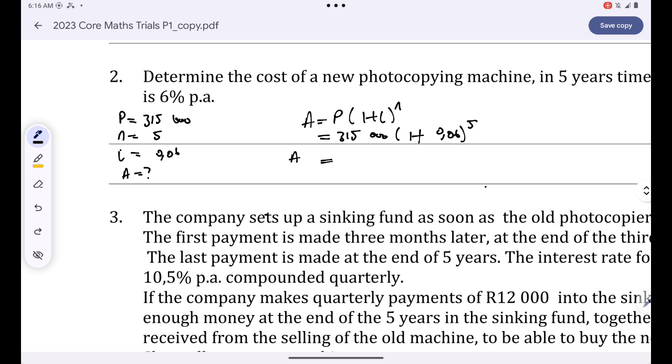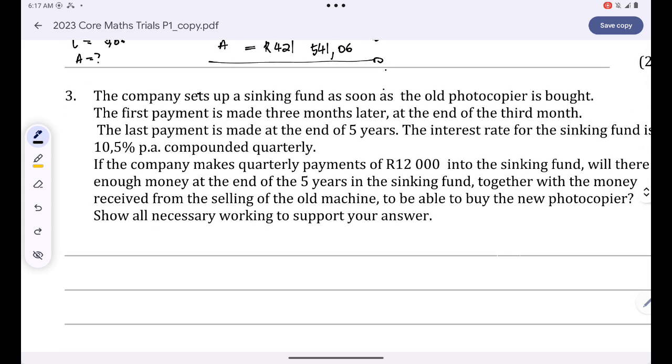This will give me the value of a new machine in 5 years' time. So the price of a new machine in 5 years' time will simply be R421,541.06. This will be the cost of a new machine after 5 years.